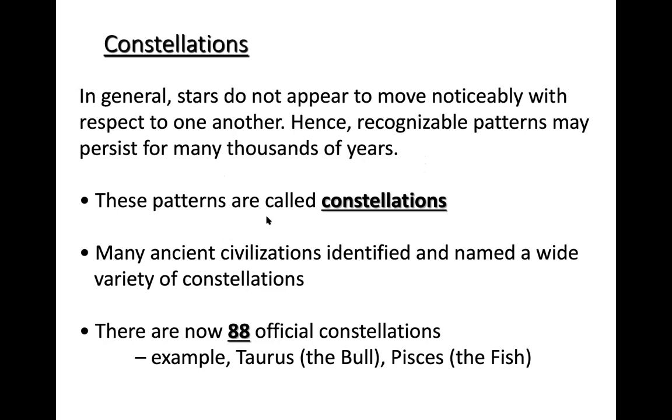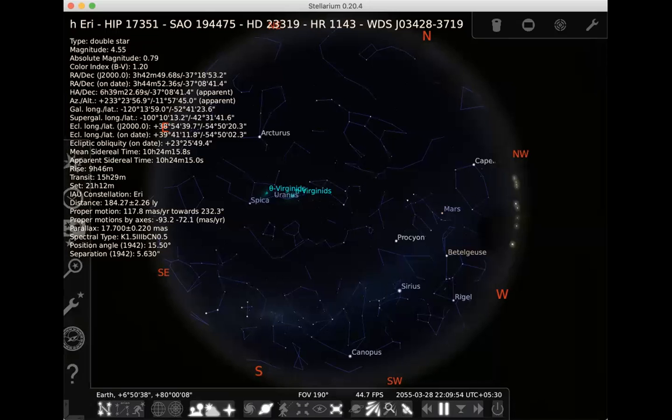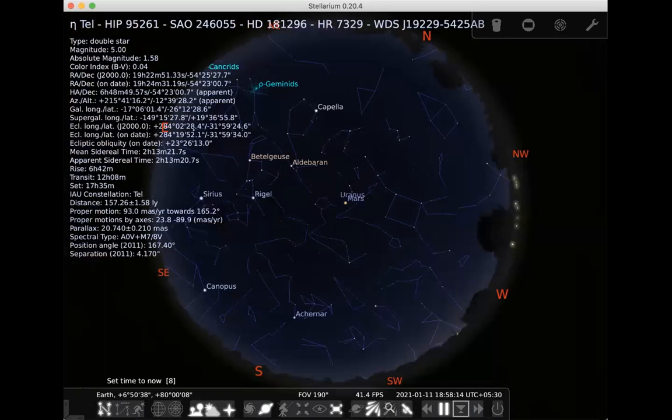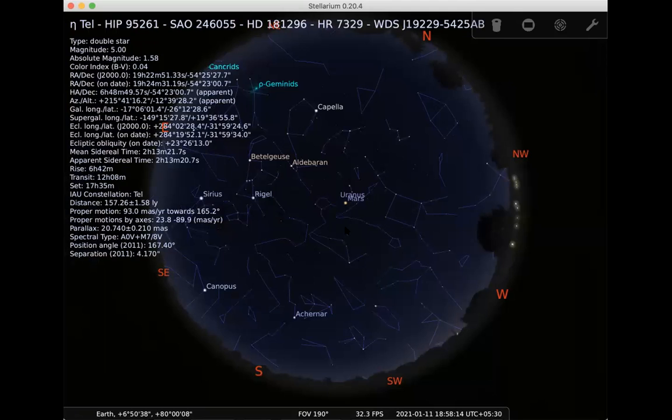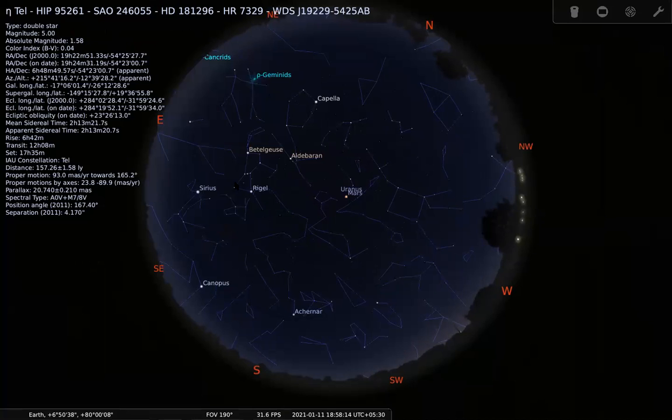For example, let me change this time to right today's. This is how the sky looks right now. I assume that you can see this.